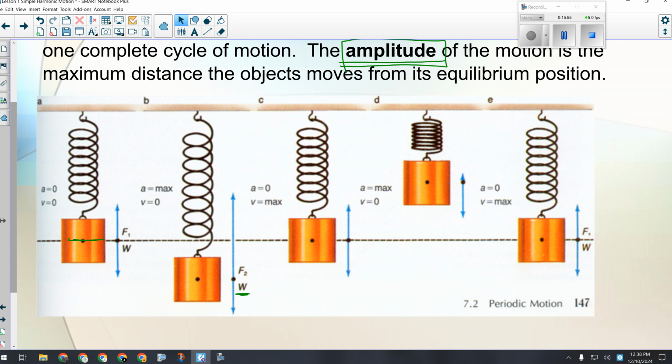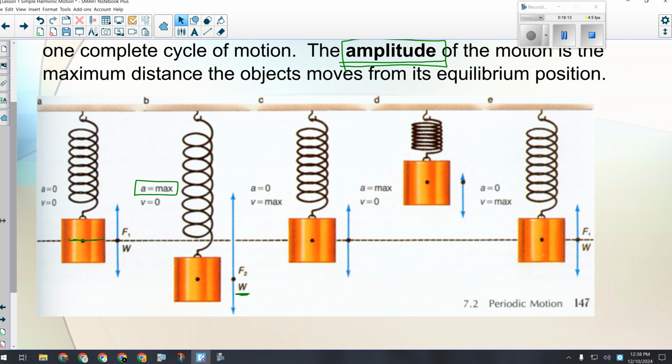Now, when we're at this position, our acceleration is at its maximum because the force used would also be at its maximum. I would have to pull really hard to move it that far away.